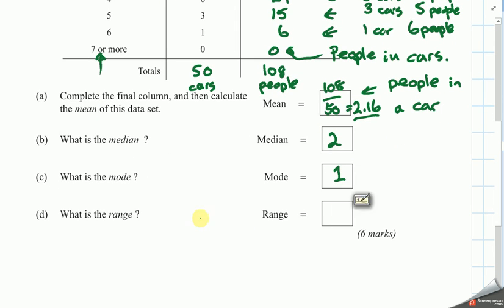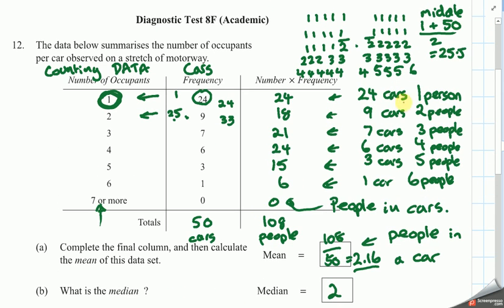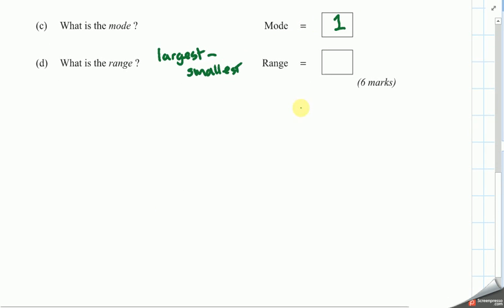Range: what's my largest data item minus the smallest? If we go back to our original data, my largest data item was 6 and my smallest data item was 1, so the range is 6 minus 1, which is 5.